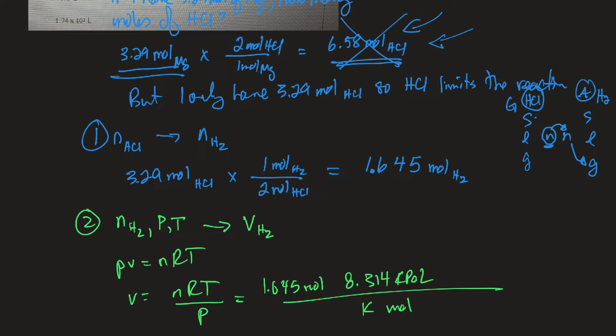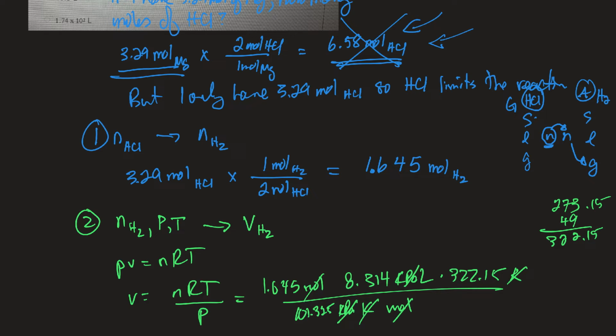Temperature, 273 plus 49, 322.15, times 322.15, divided by the pressure, which was 101.325 kilopascals. Those cancel, the moles cancel, the kelvins cancel.